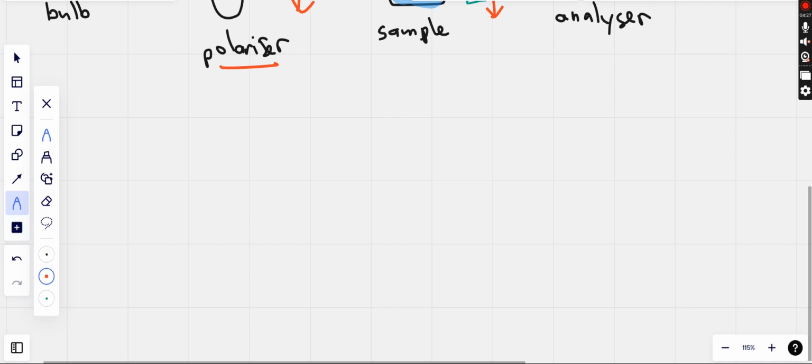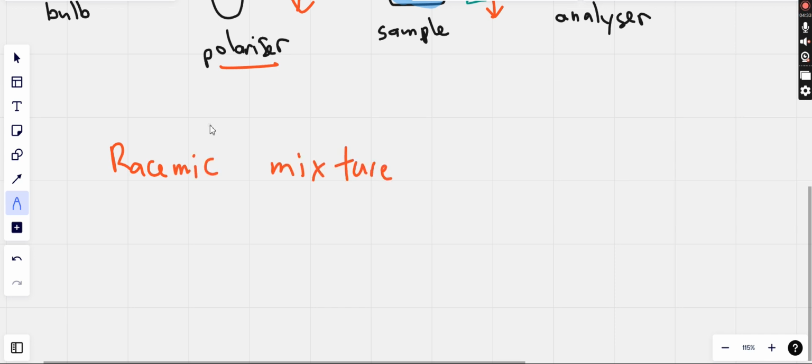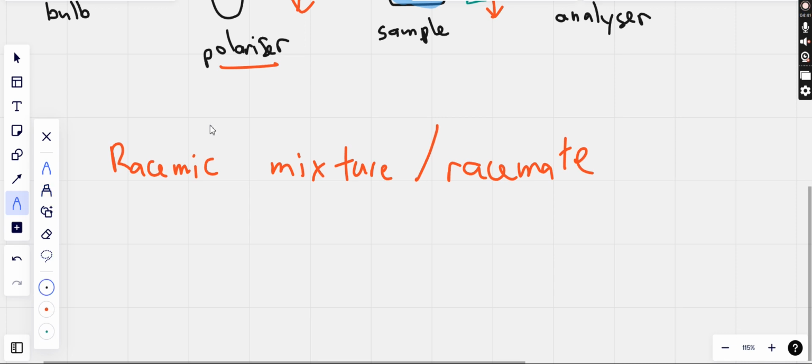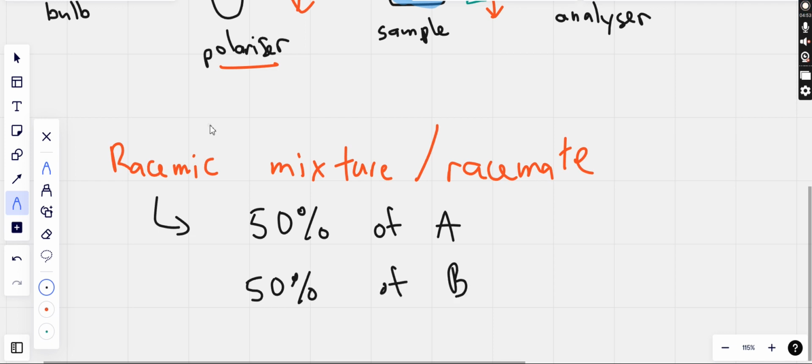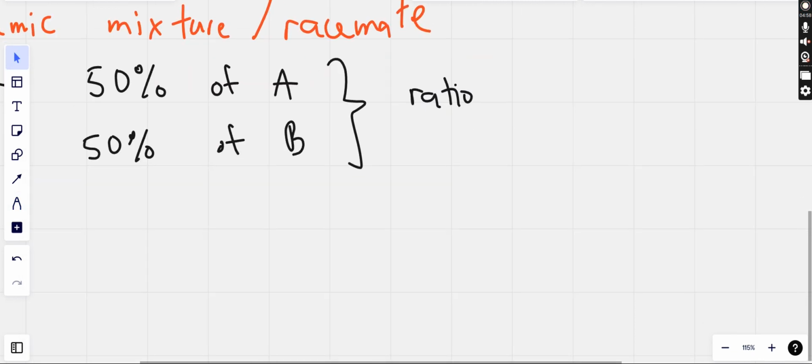Write it down: racemic mixture, or also known as a racemate. A racemic mixture is a mixture whereby you have 50% of A and also 50% of B, so the ratio of each enantiomer is 1:1.